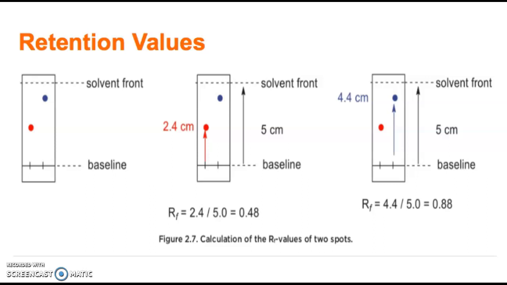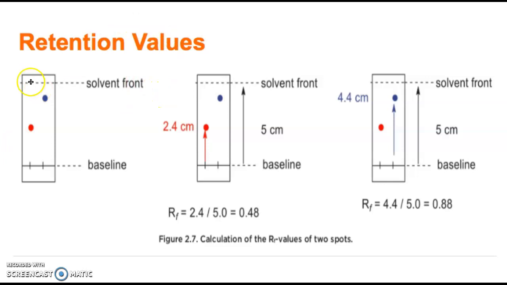The value is calculated by measuring the distance a spot has wandered and then dividing that by the distance that the solvent has traveled. The retention value also depends on the compound and the solvent that are used for the development.